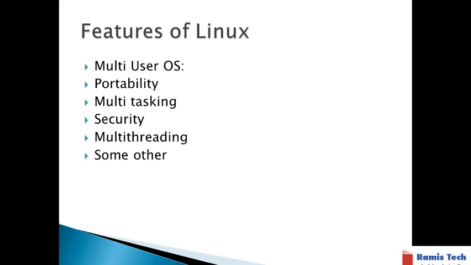The first and foremost feature of Unix is that it is a multi-user operating system. What does multi-user operating system mean? It allows multiple users on different computers to access a single system's OS resources. That means we have one single system with Unix installed, and this machine is accessed by multiple users.